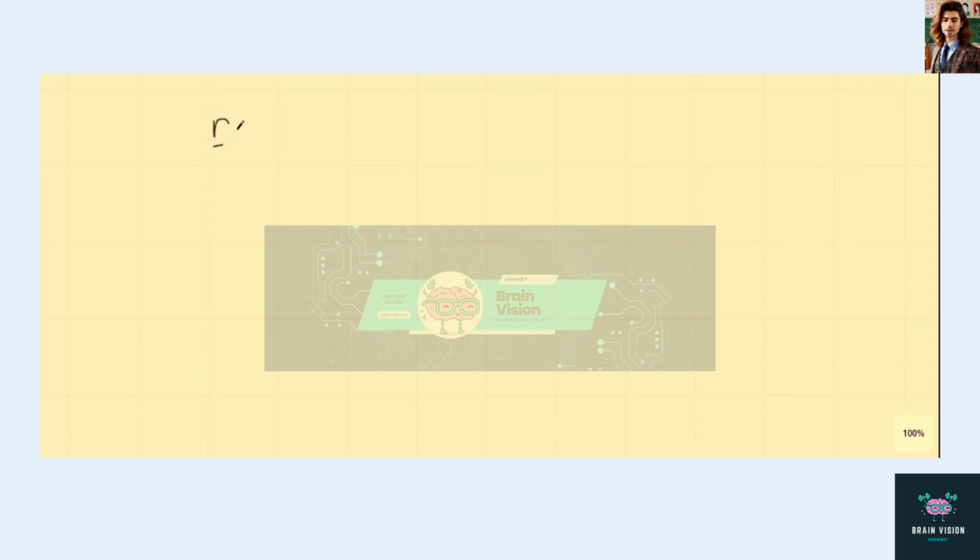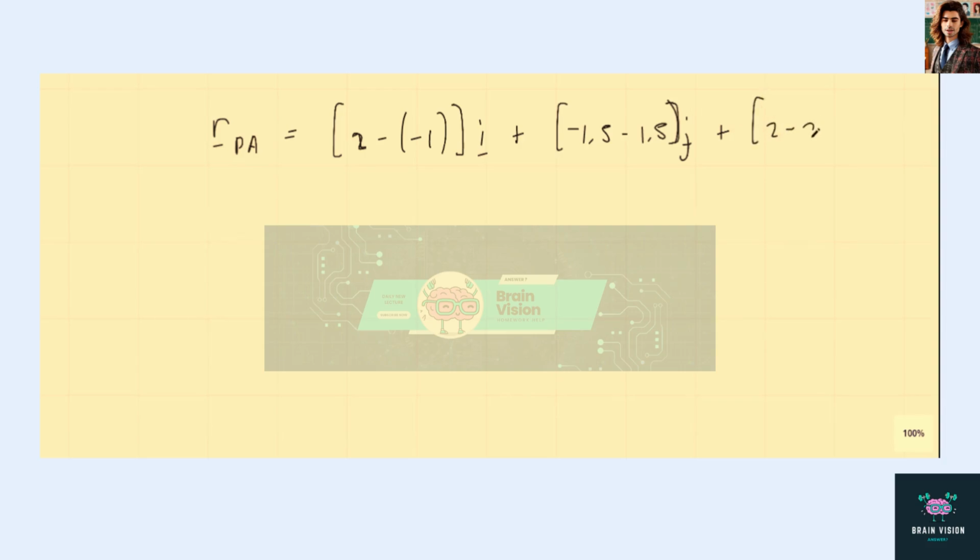So the position vector r_PA is equal to 2 minus 1 in the i direction, plus 1.5 minus 1.5 in the j direction, plus 2 minus 2 k.